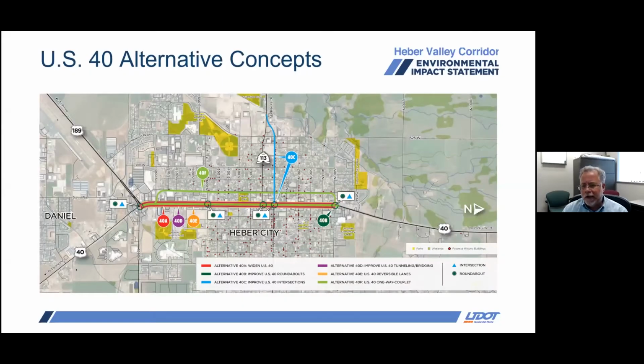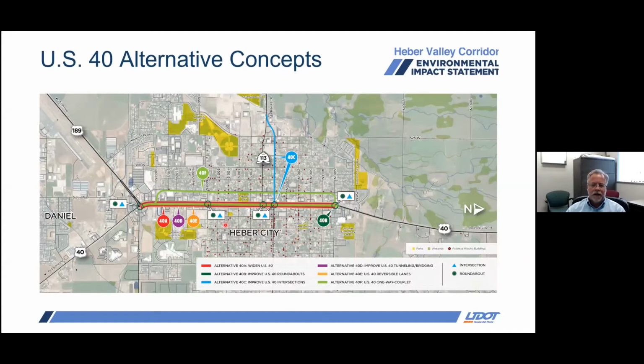There are currently 6 alternatives concepts that would improve US 40. We've named each of these concepts 40A through 40E. The 40 in the alternatives name indicates the improvements that we are making on US 40. All 6 of these alternatives are shown in this figure.